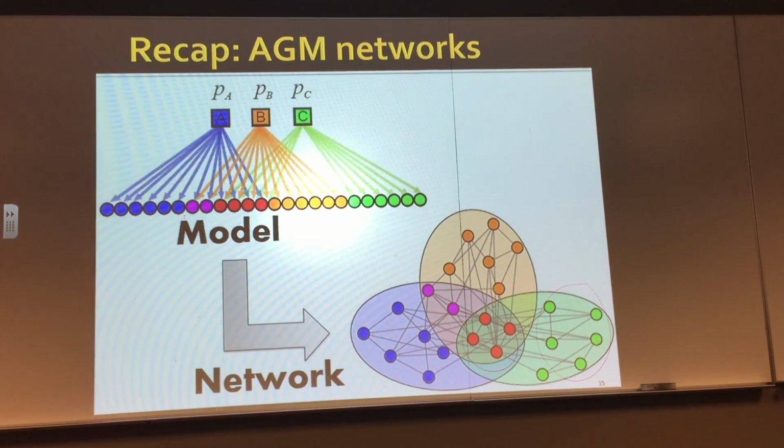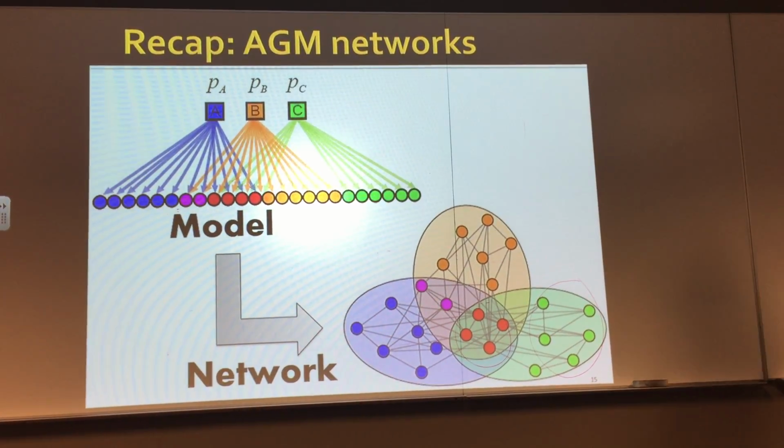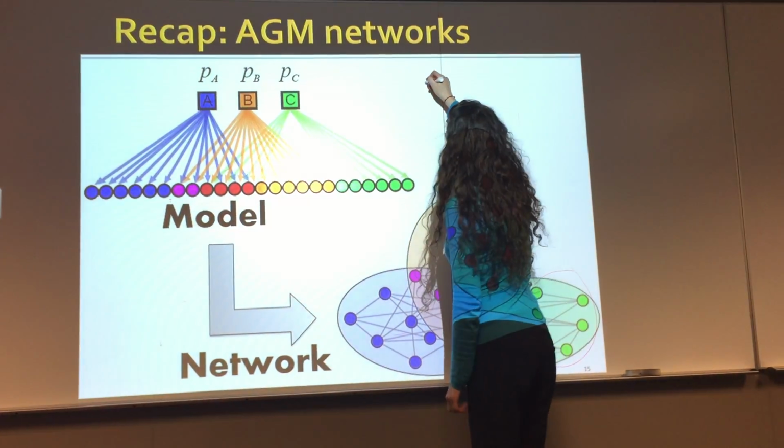So this is called the affiliation graph model.